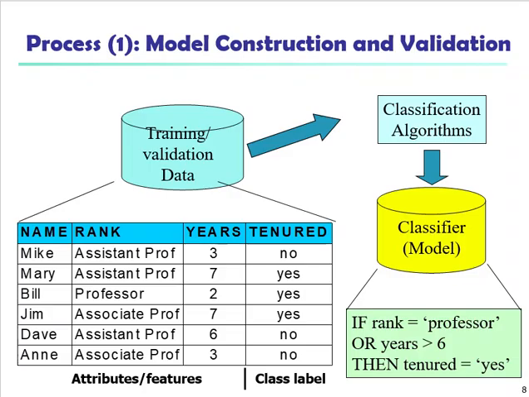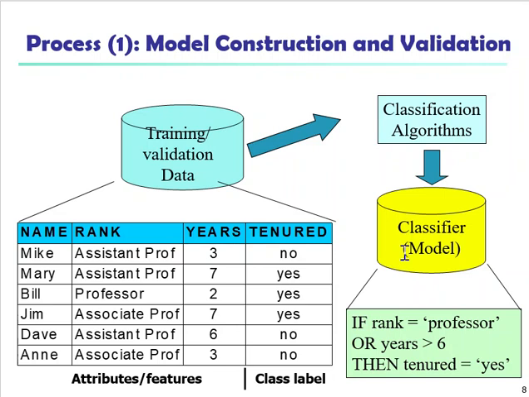So graphically, let's review the process we have discussed verbally. We have training and validation data. Those are part of the labeled data. We use this to construct classification algorithms, and we evaluate performance multiple times using the validation process, and we create a classifier, which really is a model.